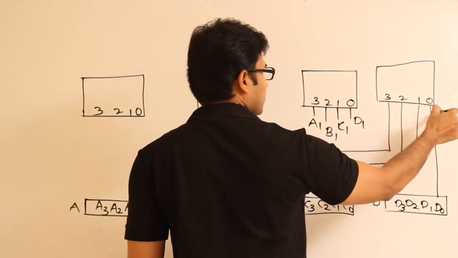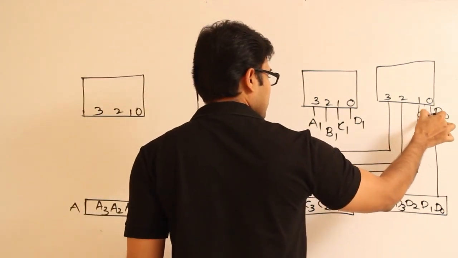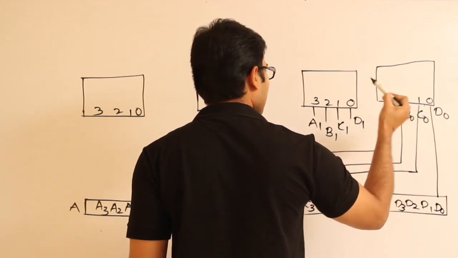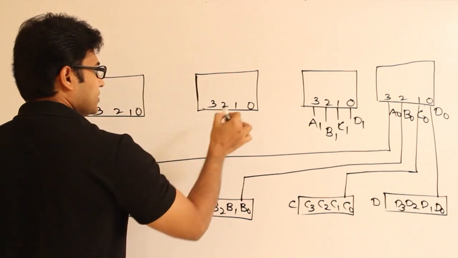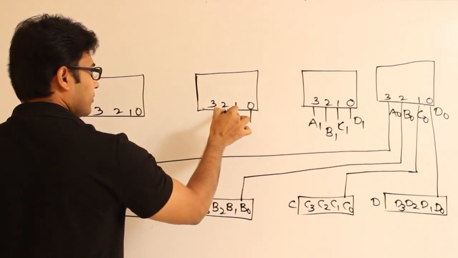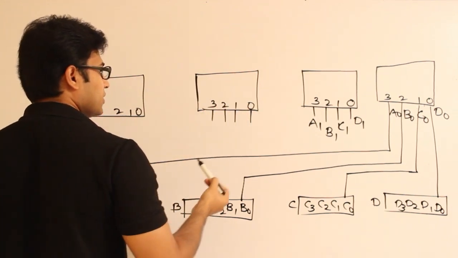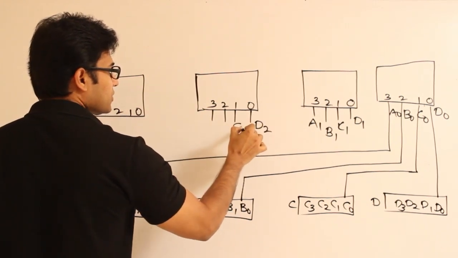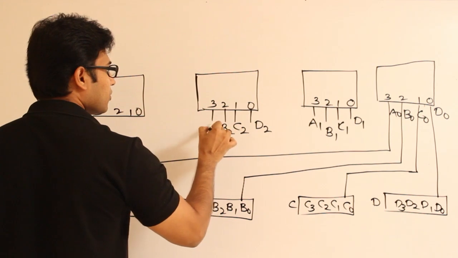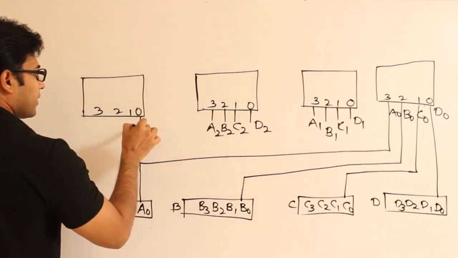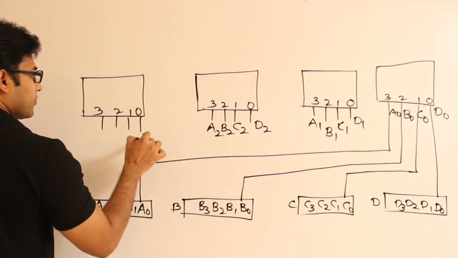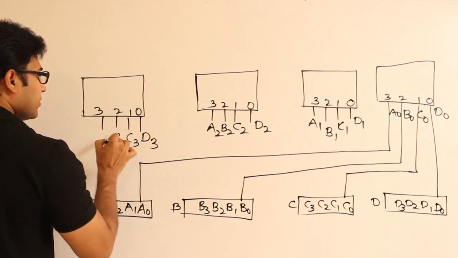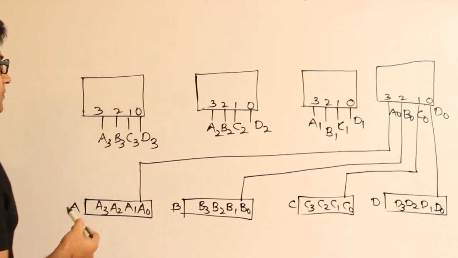Here it got D0, C0, B0, A0. Right? Similarly here, this one is going to get D2, C2, B2, A2, and here also D3, C3, B3, A3.